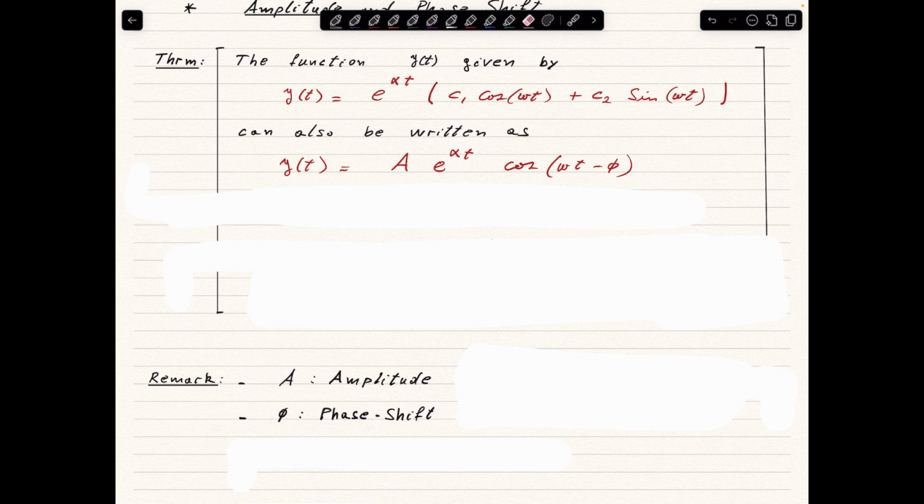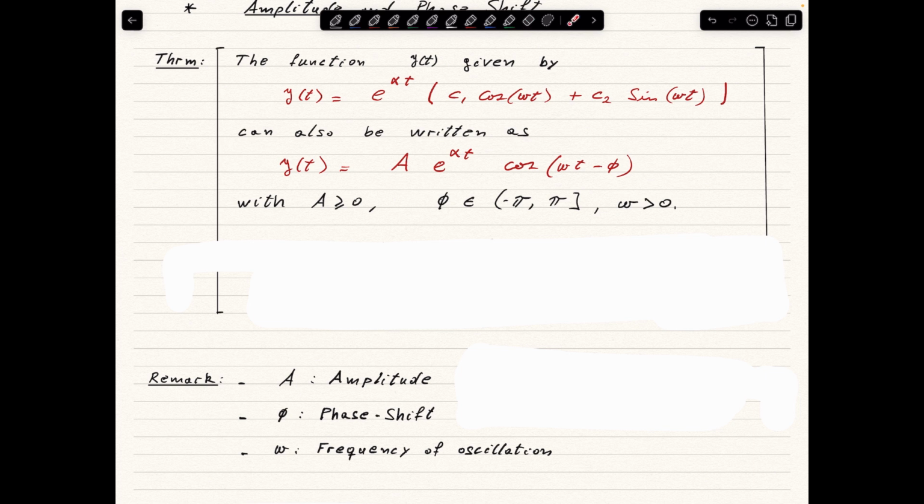And well, omega we knew. Omega is the frequency of the oscillation. So amplitude and phase shift. And the assumption on the amplitude is that it is non-negative, and the phase shift is any number between negative pi and pi. And omega, of course, we always assume positive.